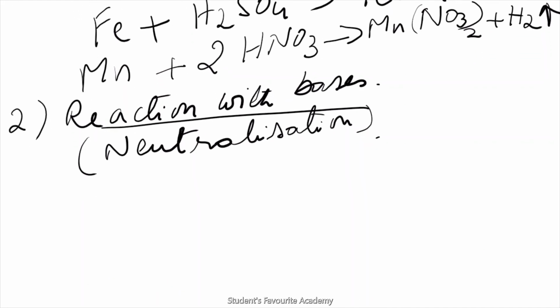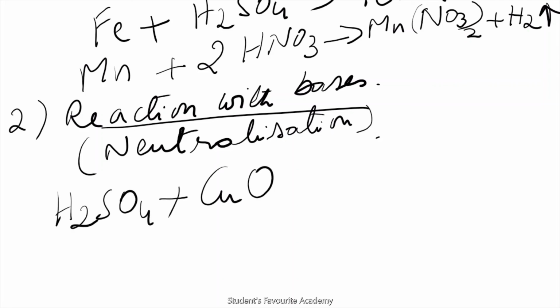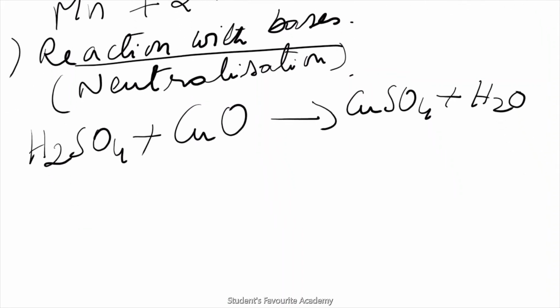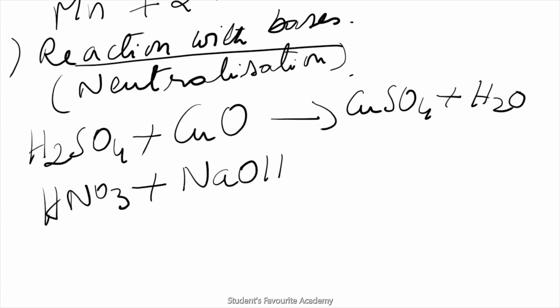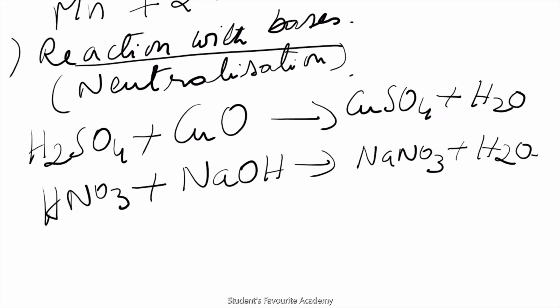So, say sulfuric acid, when it reacts with a metallic oxide CuO, gives salt, that is copper sulfate, plus water. Similarly, when nitric acid reacts with sodium hydroxide, it gives sodium nitrate plus water. So whenever an acid reacts with a base, you get salt and water.